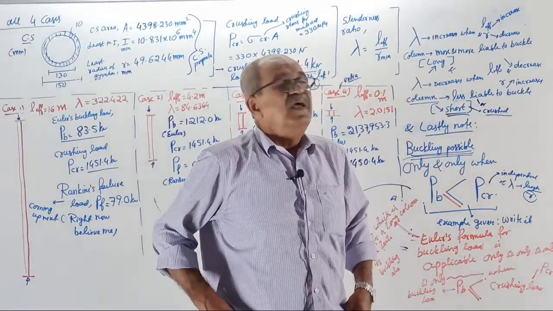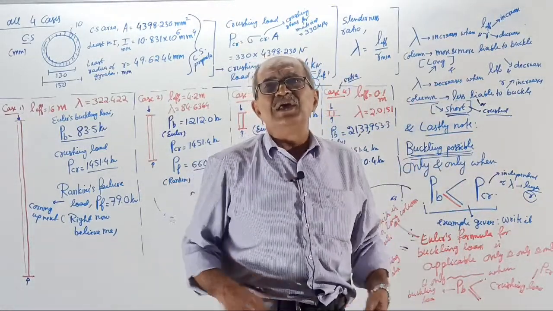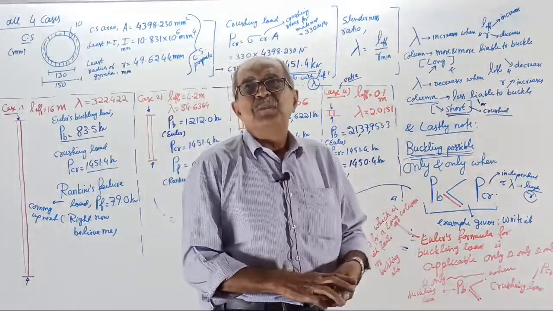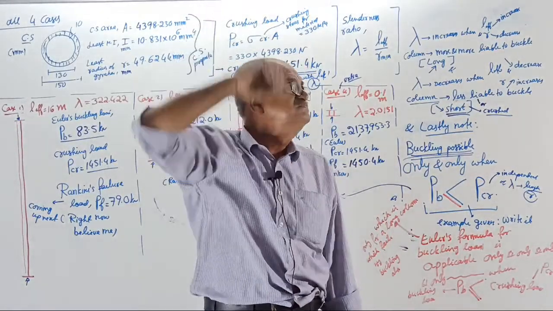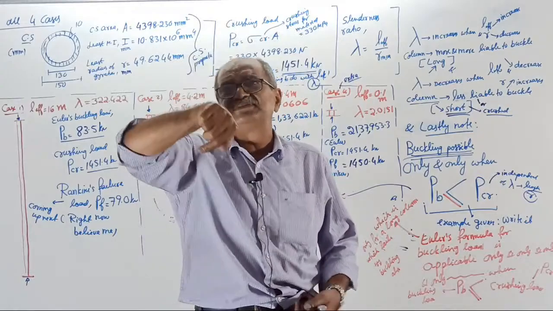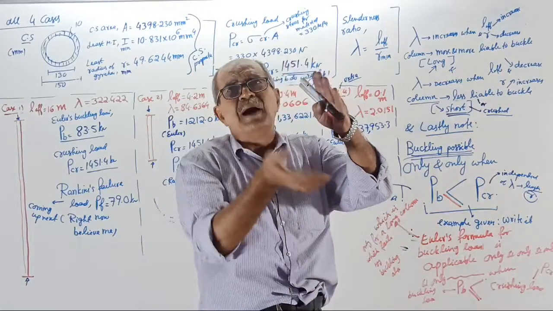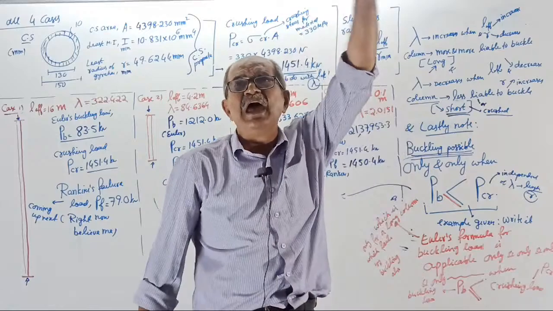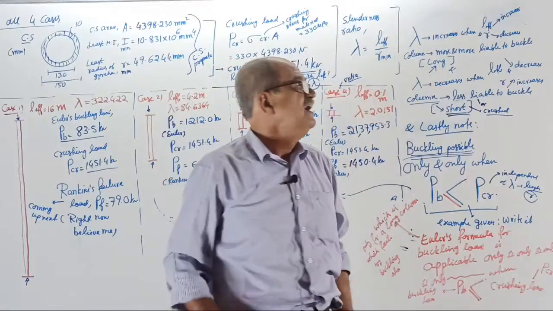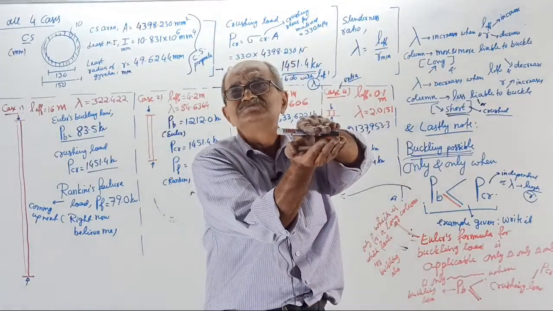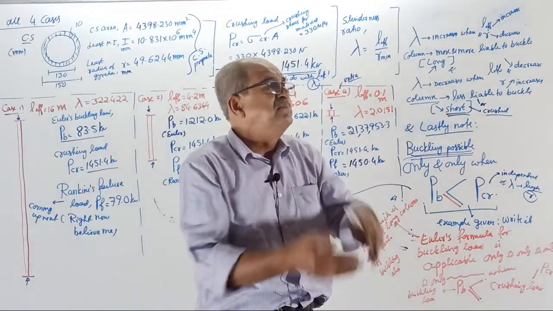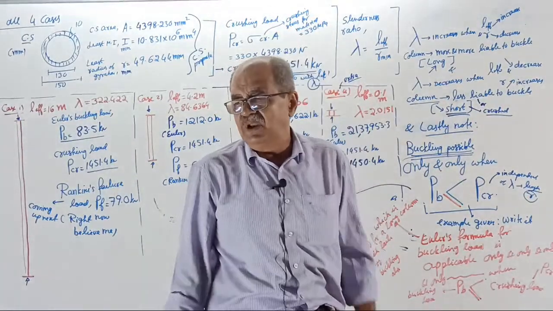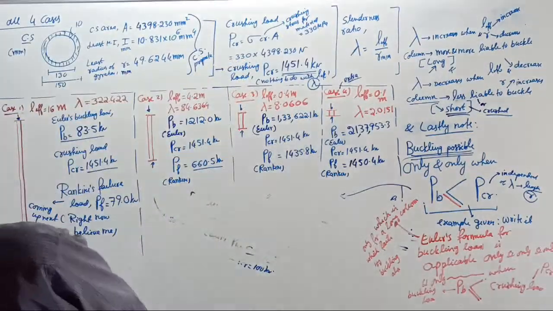Or common sense. A column will always fail by buckling if it is a very long column. Buckling load will come lesser. Why? The column easily buckles, and crushing will take place later. If it is a short column, buckling is not possible. See here, this steel column, this length.